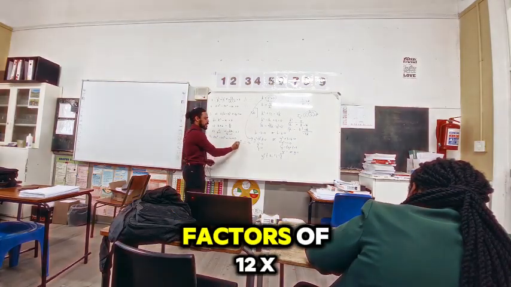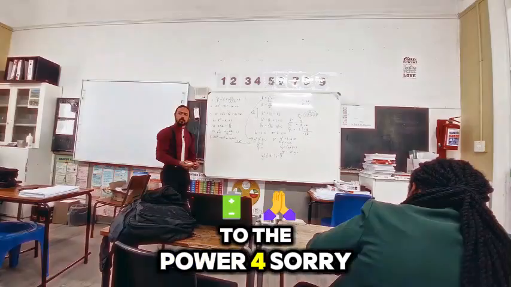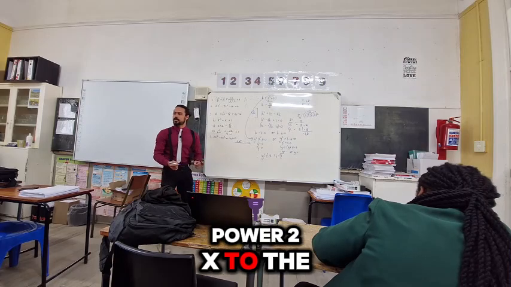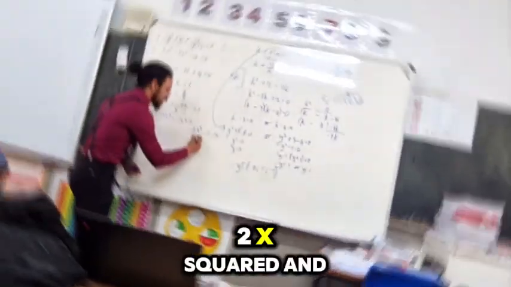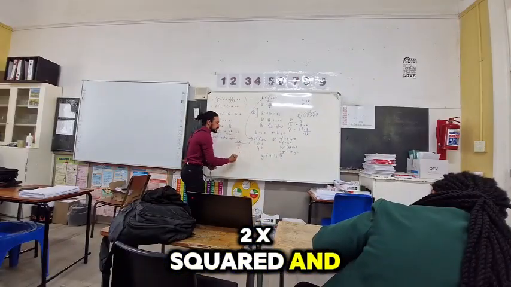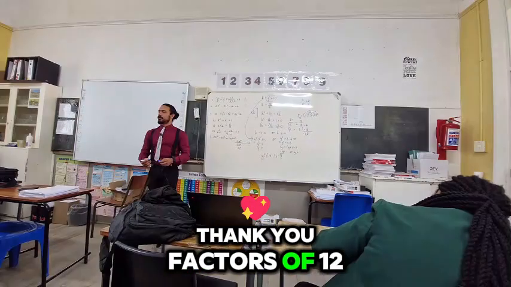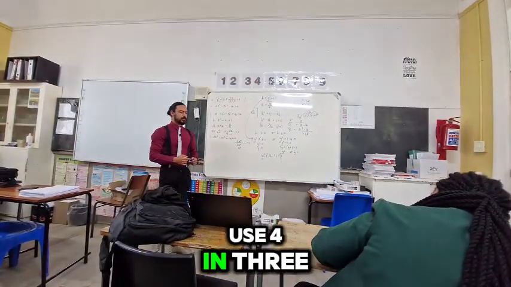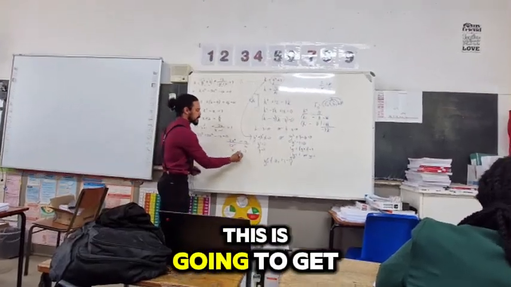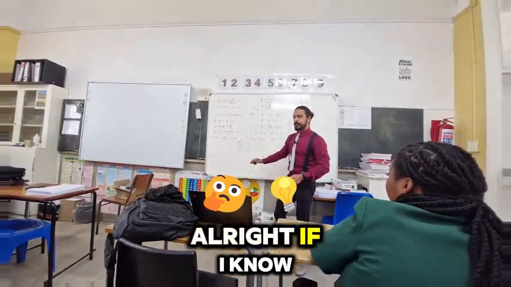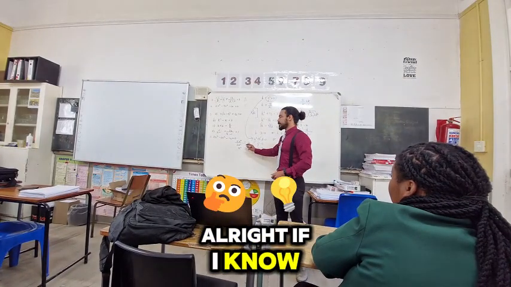Alright, so what are the factors of 2x to the power of 4? How do I get to that? 2x squared and x squared. Factors of 12. Alright, we can use 4 and 3. If we do this, no, this is not the right one.